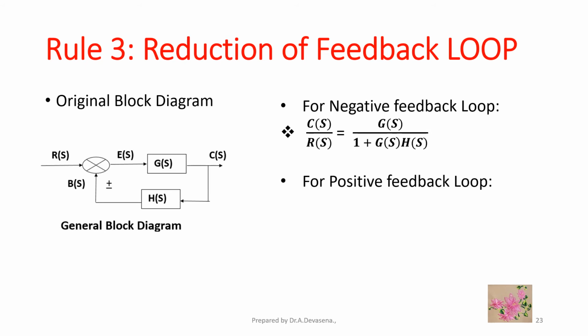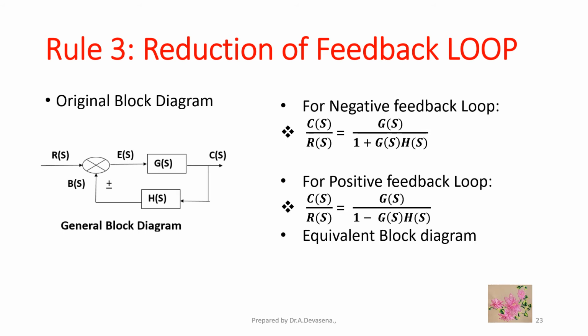For positive feedback loop, the value of C(s) by R(s) is equal to G(s) divided by 1 minus G(s)H(s). The equivalent block diagram is shown below. This is the general representation of a block diagram after eliminating the feedback loop.